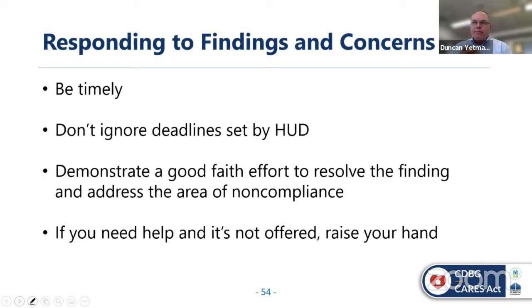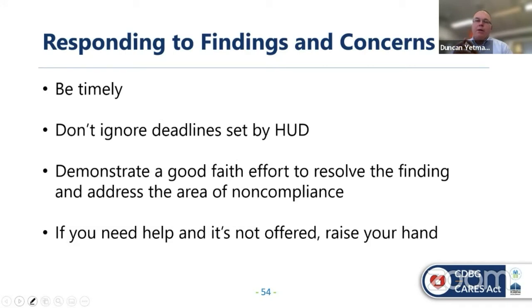And if your head is swimming and you really don't know how to address this issue or how best to resolve it, and you need help, and by help I mean technical assistance, and it's not offered, raise your hand, ask for help.